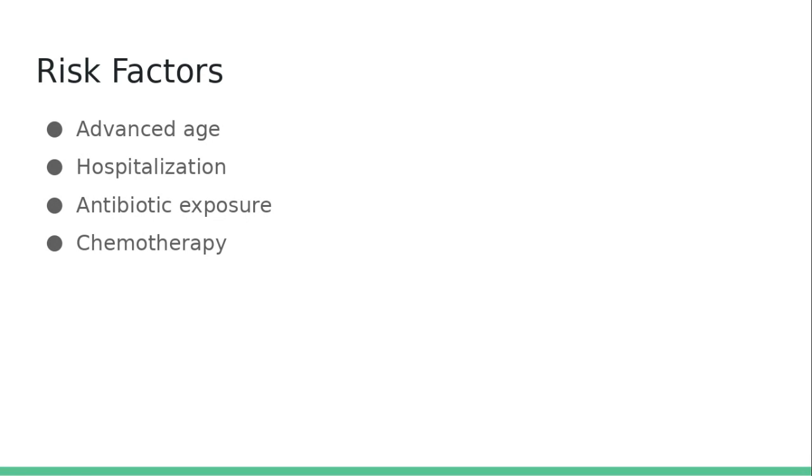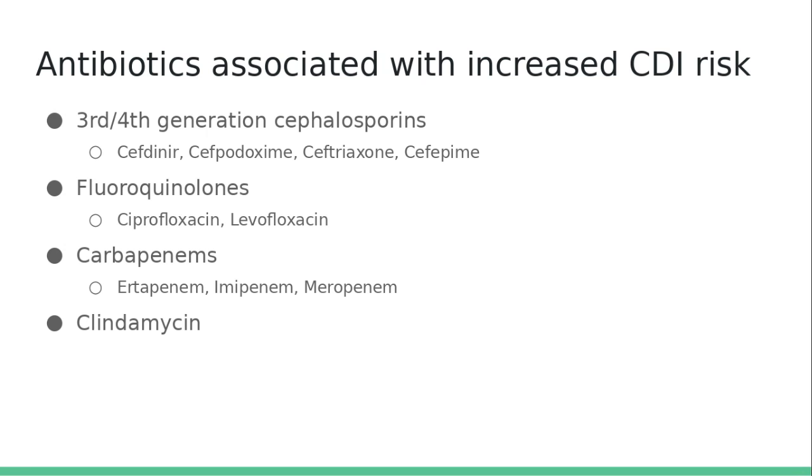So we want to try and keep the duration and exposure of those as minimal as possible. And the highest risk of infection appears to be after the first month after an antibiotic exposure. And then also, cancer chemotherapy is another risk factor, and that is also related to the immunosuppressive nature of the chemotherapeutic agents.